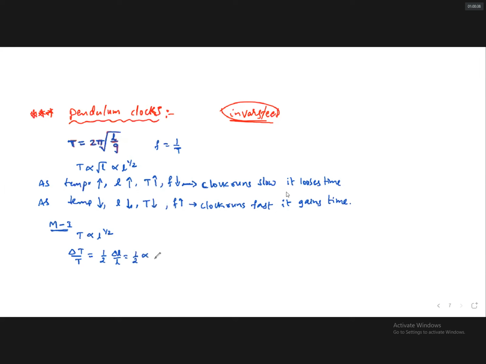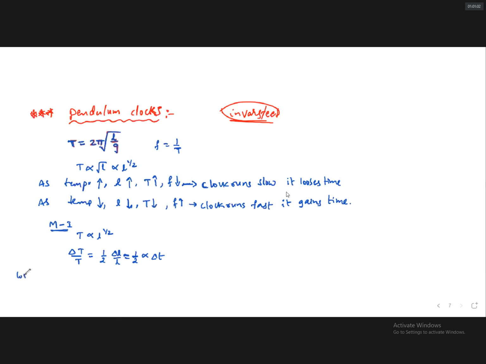It is half alpha delta T. Delta T by T is equal to half alpha delta T.